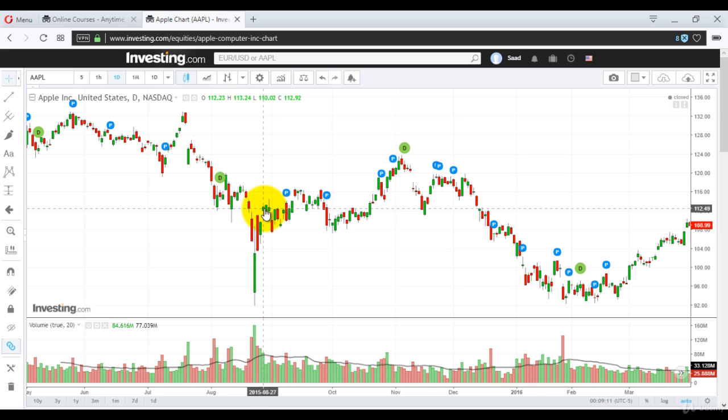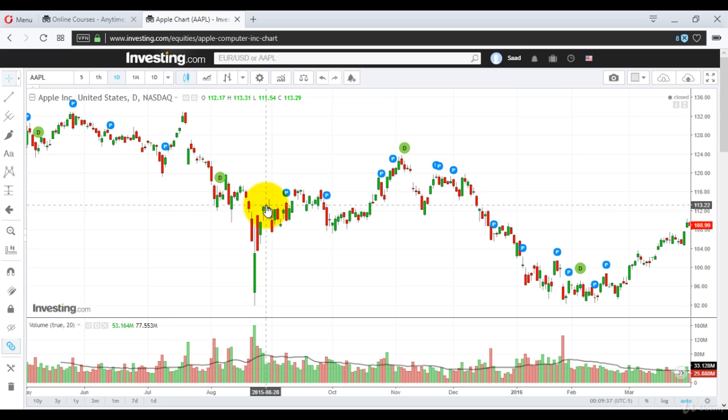So 70 cents and this fall is what? $2.20. So that's approximately 3 times. The lower shadow should be 2, 3 or more times whatever the body size is. And once this happens, this is a bad move. It should not happen because it represents a change in trend.